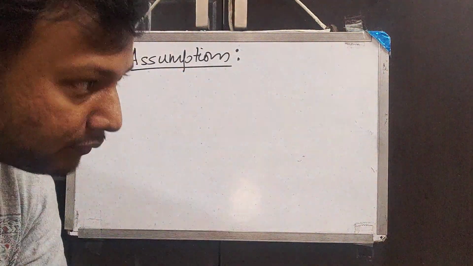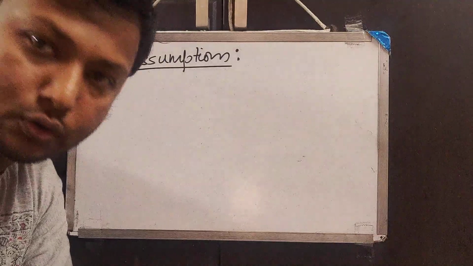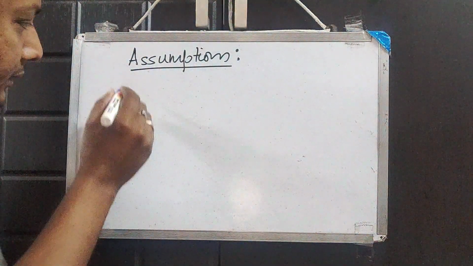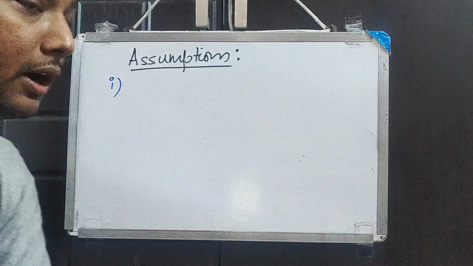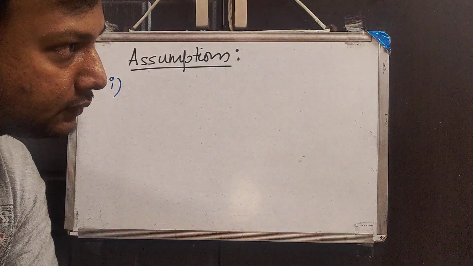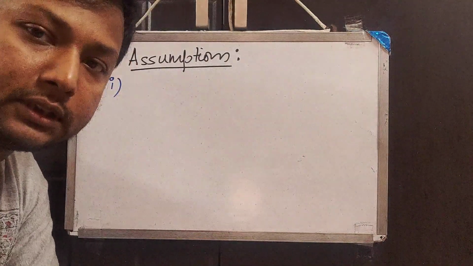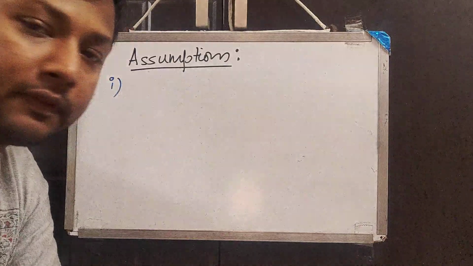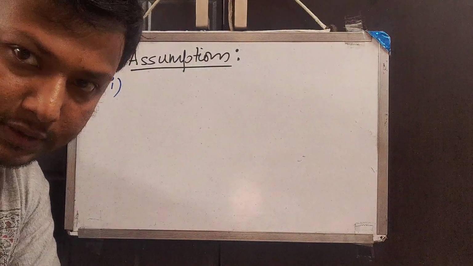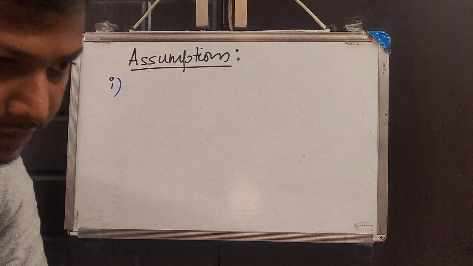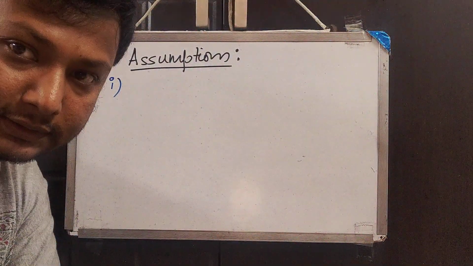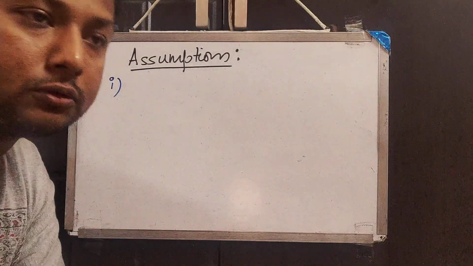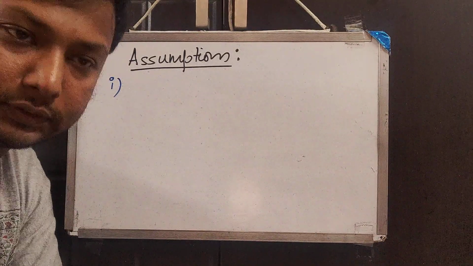That means we need to keep all the other factors constant. That is actually your assumptions. If you remember the determinants of demand, you will find that there are numerous determinants: income, price, price of related good, taste and preferences. Okay, so apart from price, all those determinants should be held constant.